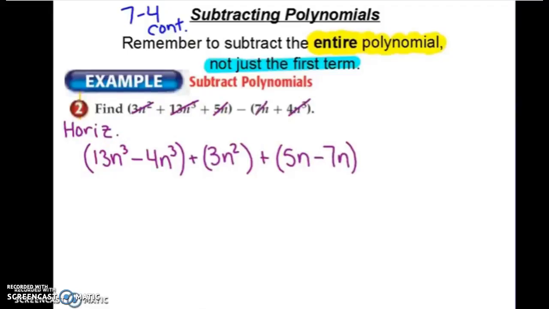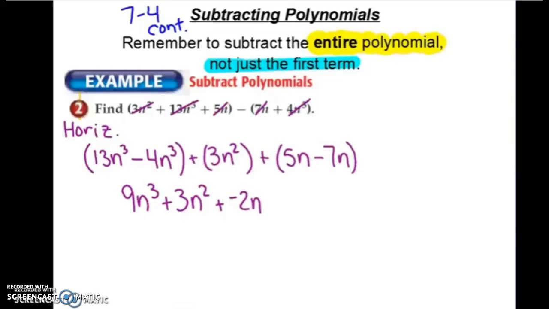Now let's go through and combine our like terms to simplify our answer. We're going to have 9n to the third. We have no other n squared, so we're just going to have plus 3n squared. And then plus negative 2n on the end.